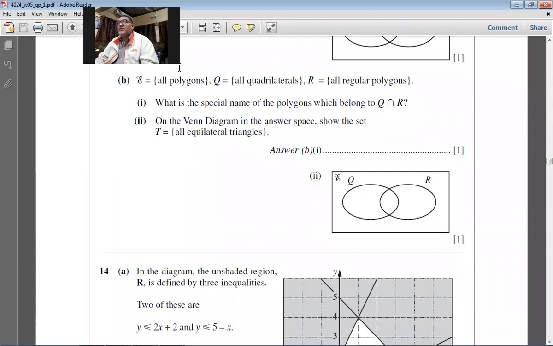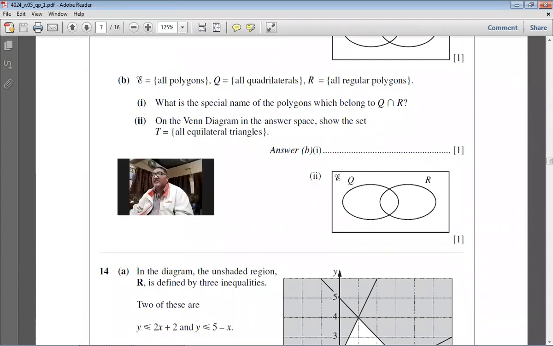The next part is the B part of question number 13. It says the universal set is all polygons, Q is all quadrilaterals. Quadrilateral means all the polygons which have 4 sides. R is all regular polygons. The question is, what is the special name of the polygons which belong to Q intersection R?